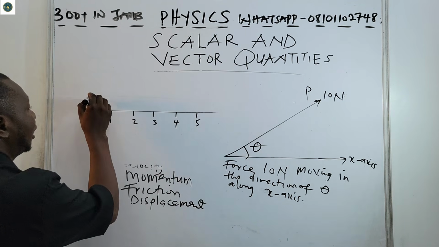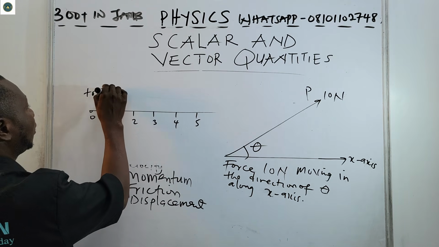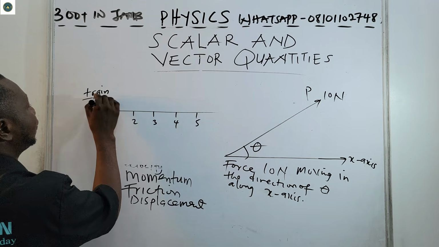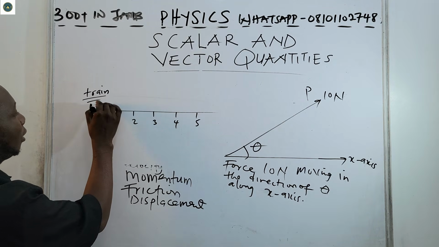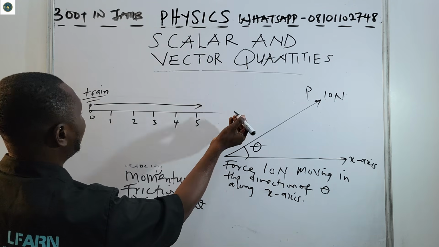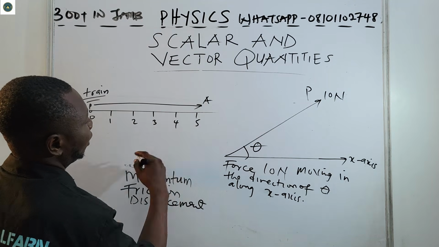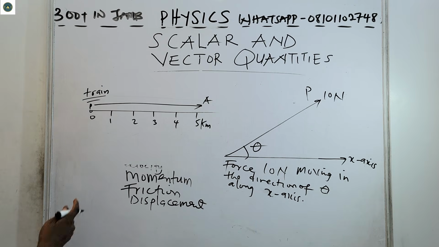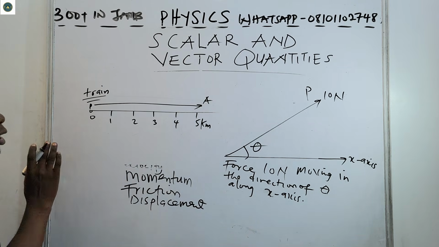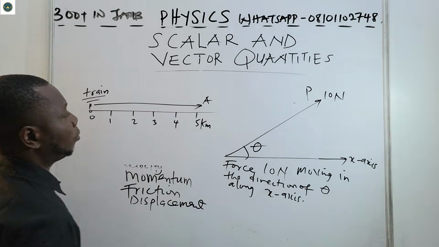If a train moves from point P here to point A for a distance of 5 kilometers. Now, this is the initial position, and this is the final position.